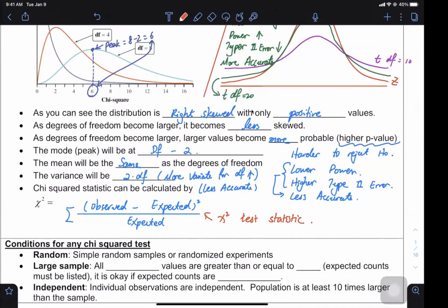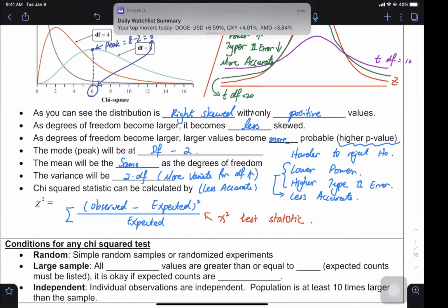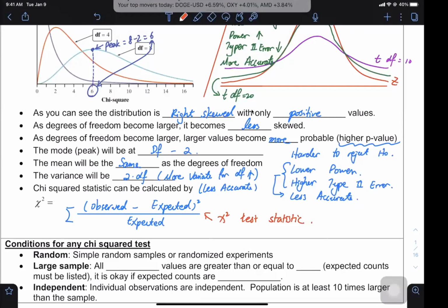And then again, before we can do any test, we need to check if the conditions are satisfied for chi-square distributions. So for chi-square distribution, you have 2 conditions, which are a large sample and also independence. For large samples, we require that all expected values are greater than or equal to 5. That is the condition for large samples.